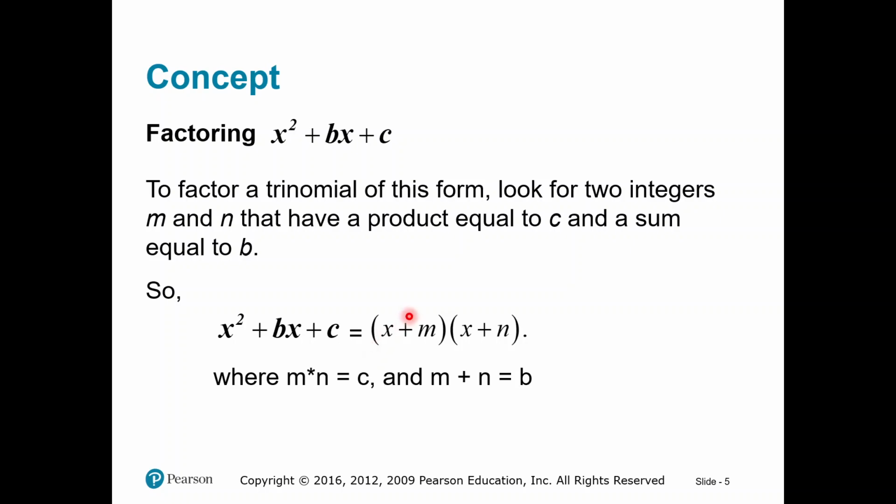That is very easy because it is the product of x plus m times x plus n, where m times n is c and m plus n is b. So it is the product of c and the sum of b.